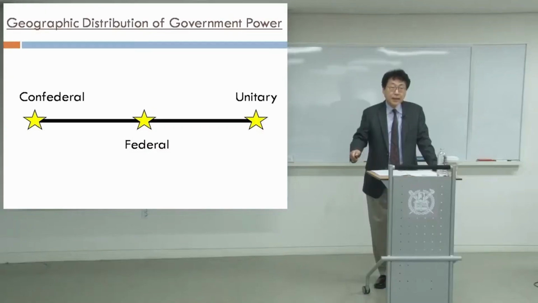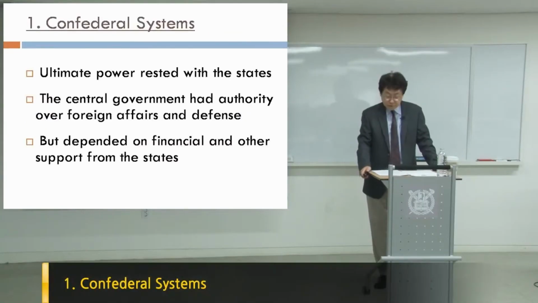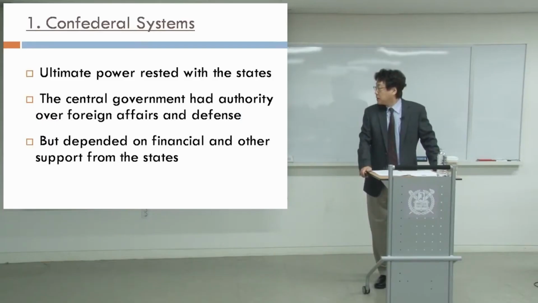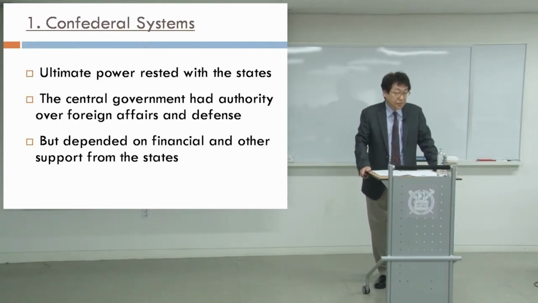And in a confederal system, ultimate power rests with the states. Here when I say states, I mean as in the states in the United States and not the general definition of the term states. So I mean local.